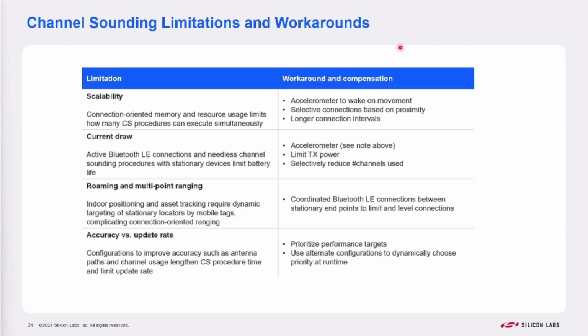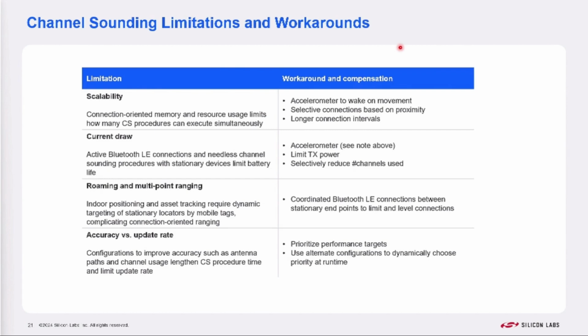Okay, so I wanted to end the presentation by talking about some of the limitations we've seen with channel sounding and some of the workarounds that we think are viable. So first of all, scalability. I mentioned scalability earlier in this presentation. Because it's connection oriented, especially with resource limited MCUs, you're going to hit an upper limit of the number of devices you can simultaneously scan and perform channel sounding procedures with.